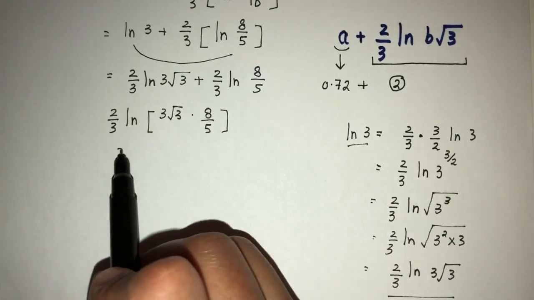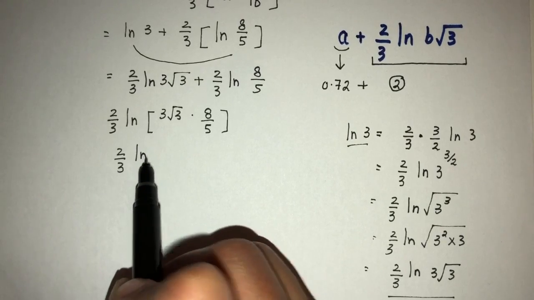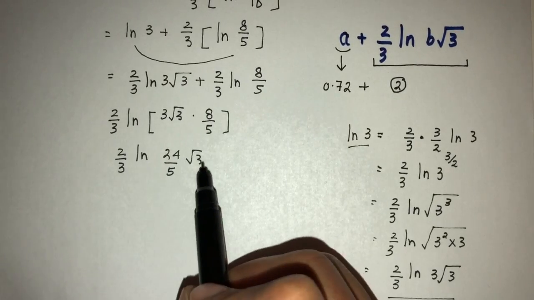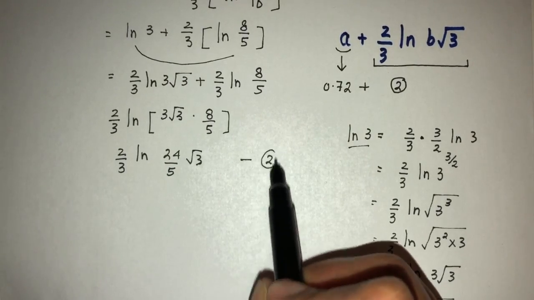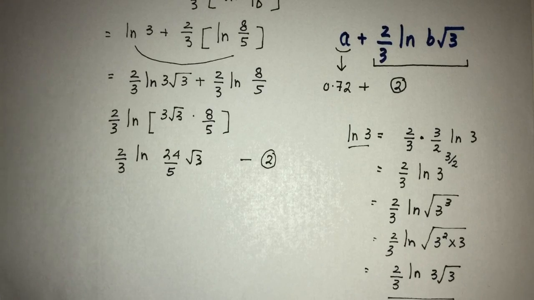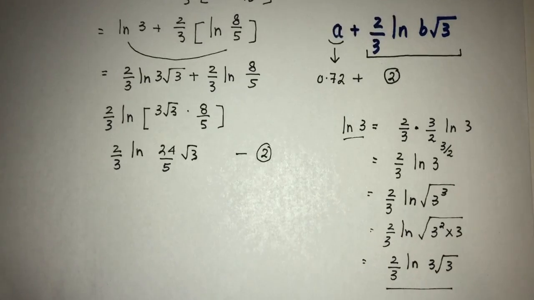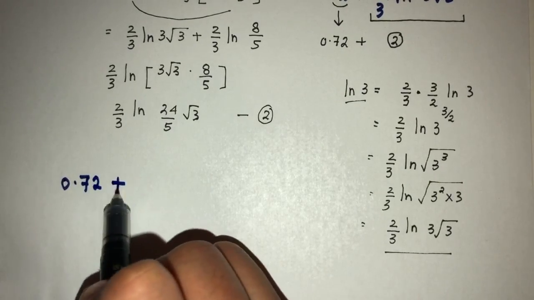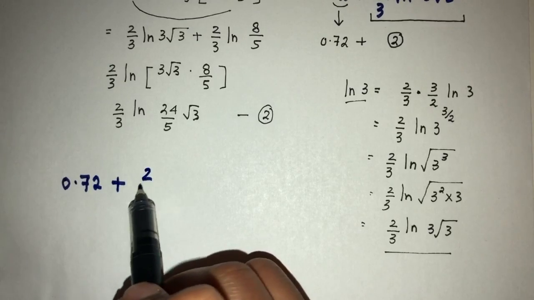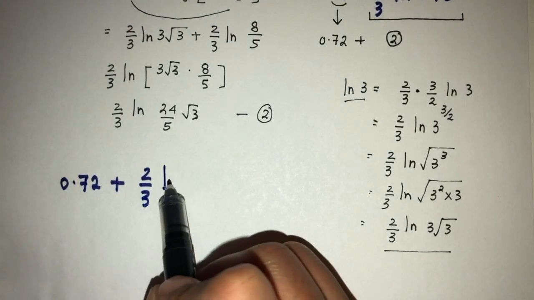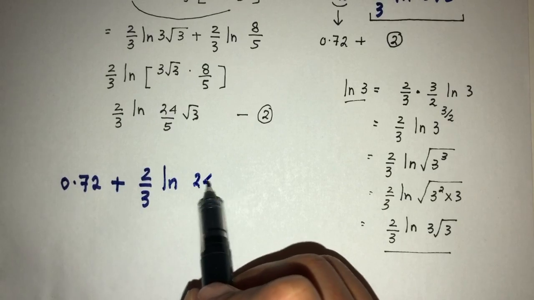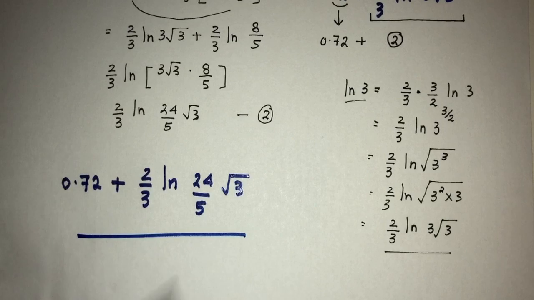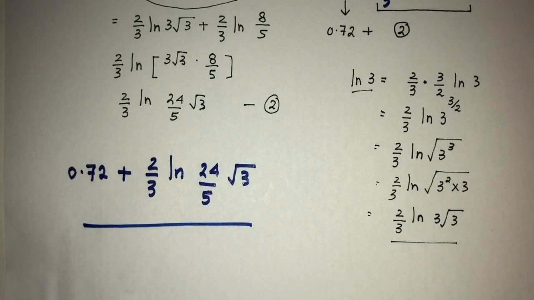So simplify, 2/3 outside ln of 24 over 5 root 3. This is your area number 2 in simplified form as needed. So eventually, as you can see, our area will be A is 0.72 plus 2/3 ln B, where B is 24 over 5 root 3. And this is your answer for part 10, question number 10.